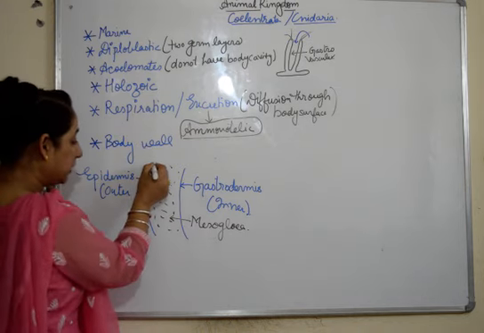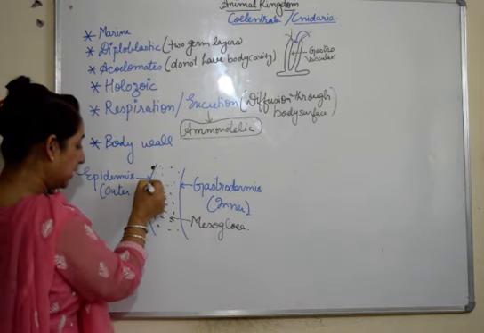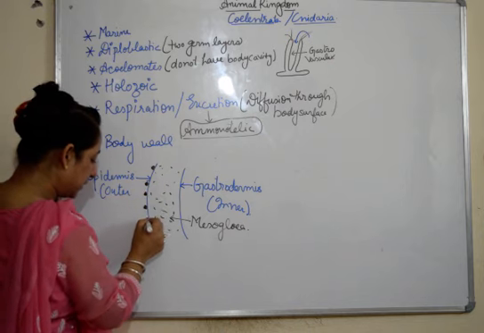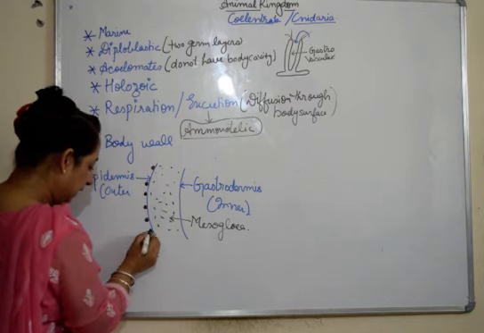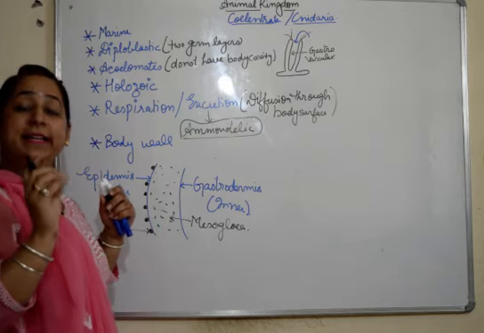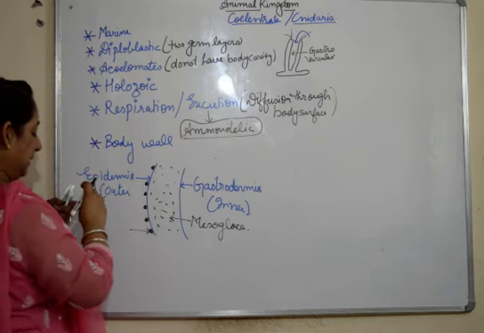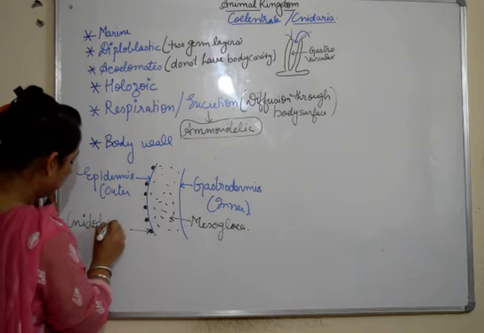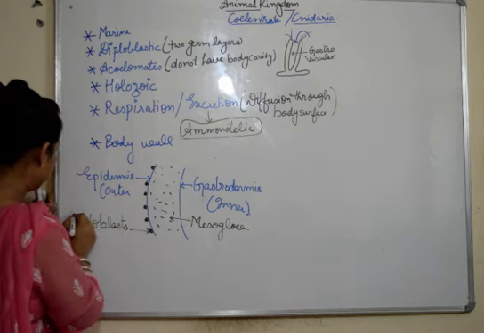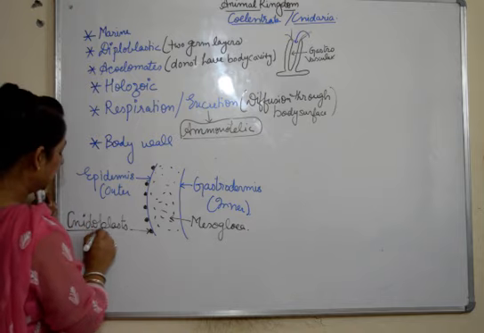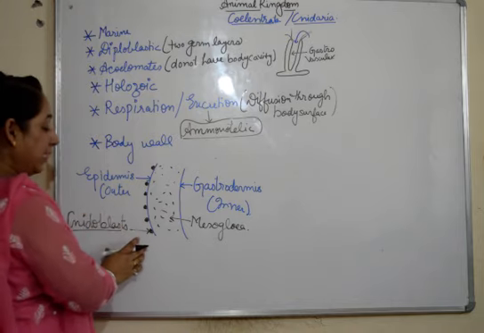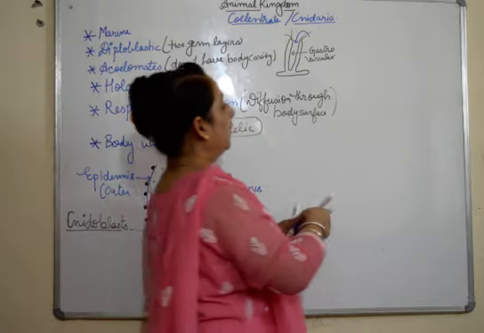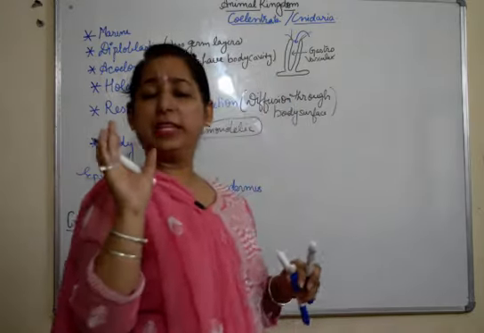On its outer surface, it has these type of cells present, and these cells are known as cnidoblast cells. Cnidoblasts, starts from C, C is silent. Now when we see the structure of a cnidoblast, it can be drawn in two stages.